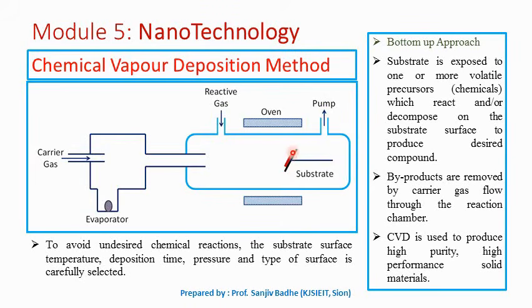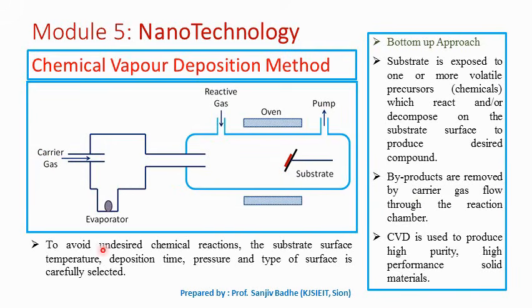So after the chemical reaction, a film of nanomaterial is formed on the surface of the substrate. In this chemical reaction, some byproducts may be formed. These byproducts are dissolved and evacuated from the reaction chamber. So for evacuating these byproducts, a carrier gas flow is maintained through the reaction chamber.